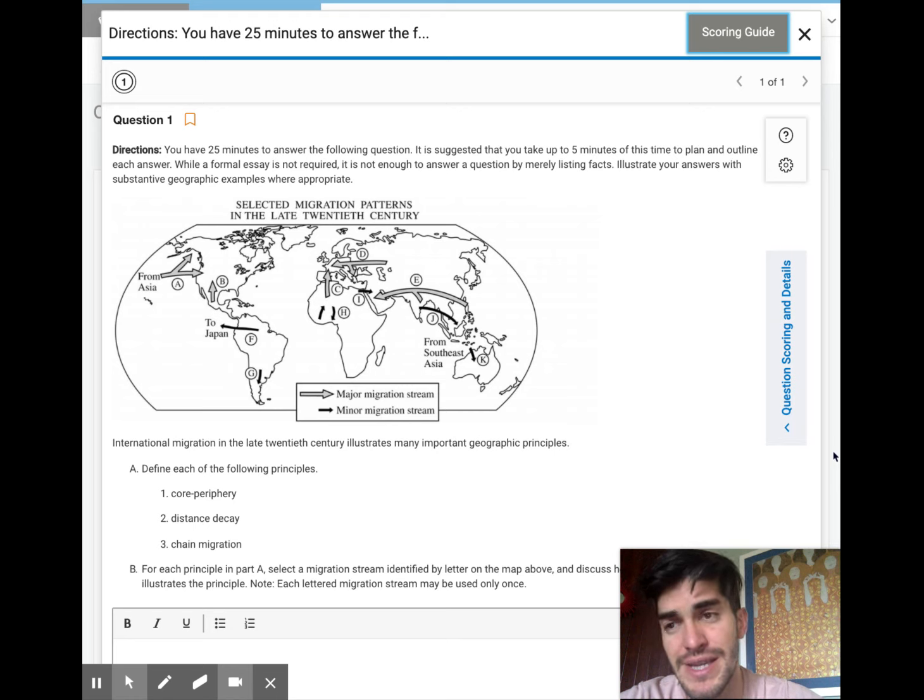Family reunification, according to this law, allowed migrants to sponsor family from their place of origin to be reunited, and this allowed many Asians to bring other people over, like parents and grandparents. So that relationship of people coming who are directly related would be chain migration.